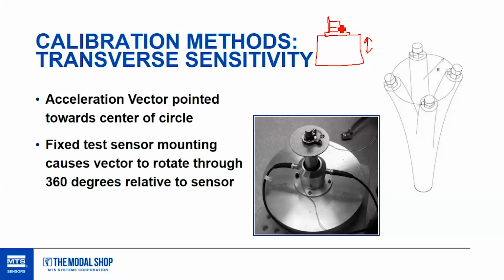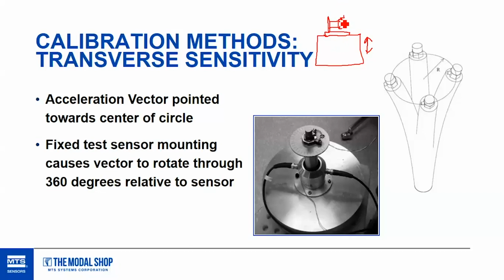We would then have to rotate that sensor about that L bracket upright, as finely in degrees as you wanted to, every 1 degree, every 15 degrees, some sort of degree rotation, and then shake it again. Rotate, shake, and you'd get through 180 degrees on that sensor, and you could then begin to determine what the transverse sensitivity is.